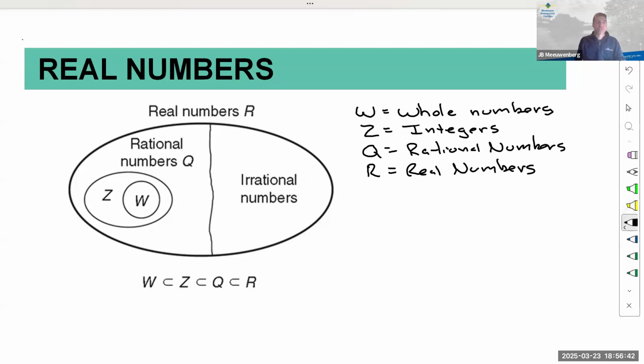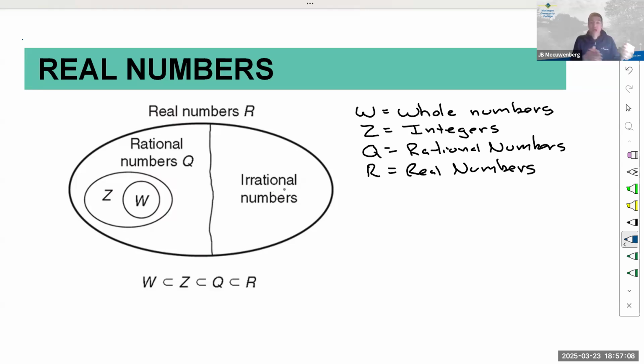Now, just as a little refresher, whole numbers are numbers that start with 0 and count up by ones. 0, 1, 2, 3, 4, 5. Integers are those, but also their opposites, so the negative versions of those. Rational numbers are numbers that can be written as fractions. Well, that includes whole numbers as well. And irrational numbers, we just talked about.